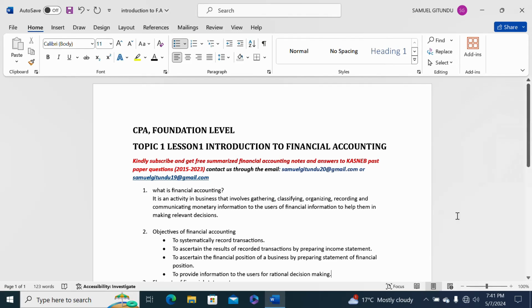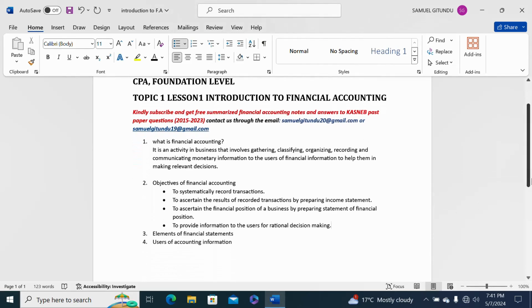You want to provide the users of financial information with the information for them to make decisions. In our next topic, we are going to see who these users of financial information are.